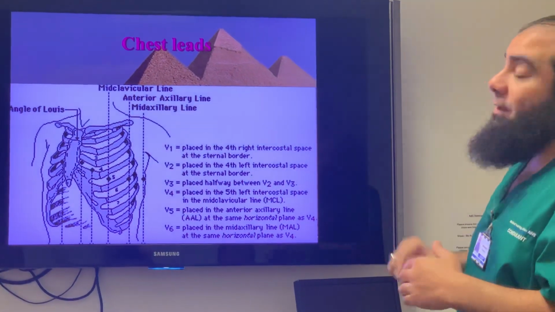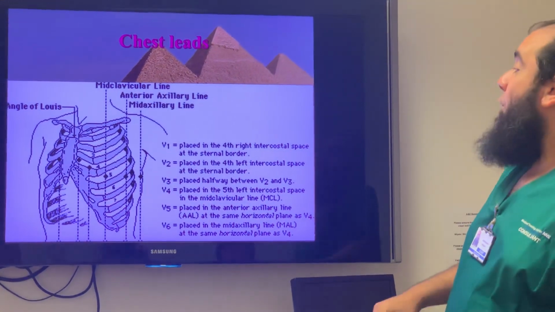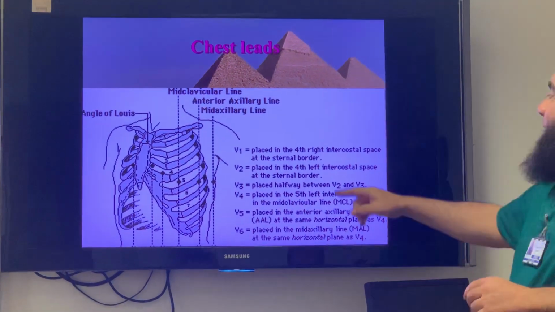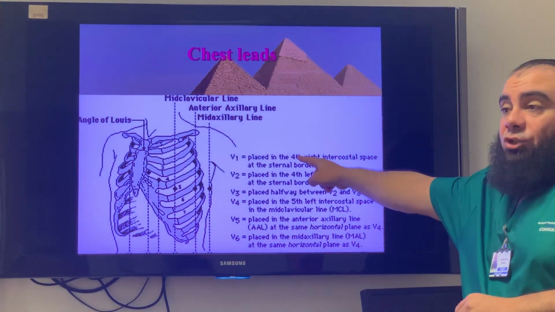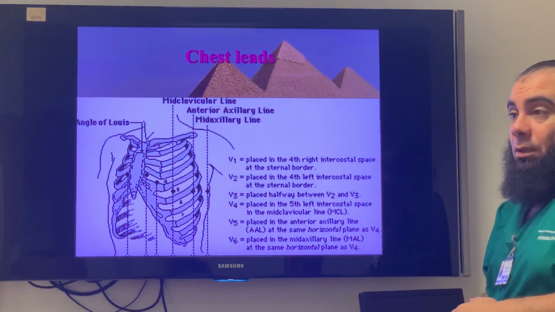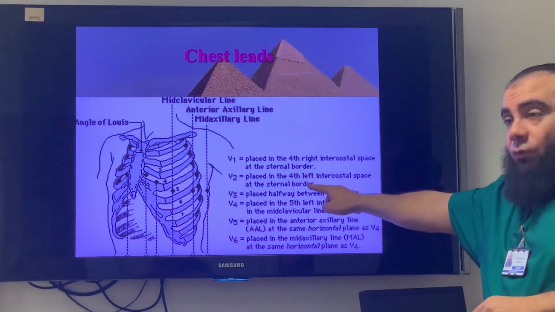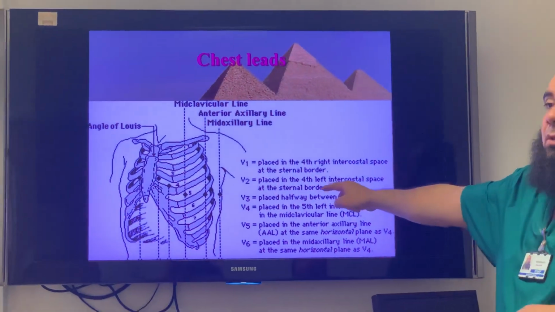Here is where we attach the leads. So, for instance, V1 is the fourth intercostal space of the chest on the right side, and V2 is going to be on the fourth intercostal space but on the left side.